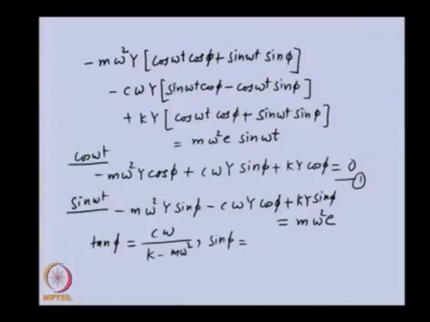From that, sin phi we can write as C omega by k minus m omega square plus C omega square. Similarly, cos phi we can write, I am writing in the next page, cos phi can be written as, these can be obtained from the tan phi.